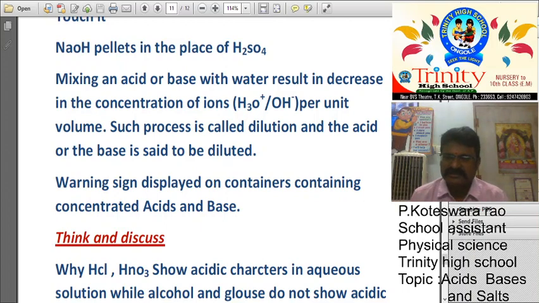Sir, why is it correct? Because when you add acid or base to water, the concentration decreases. Then that type of acid or base is called diluted acid.